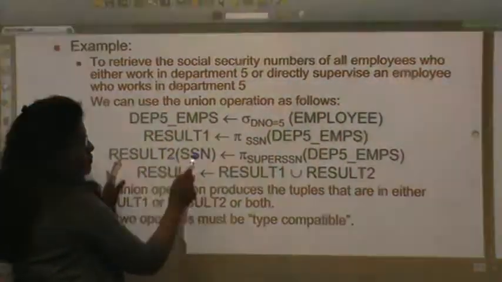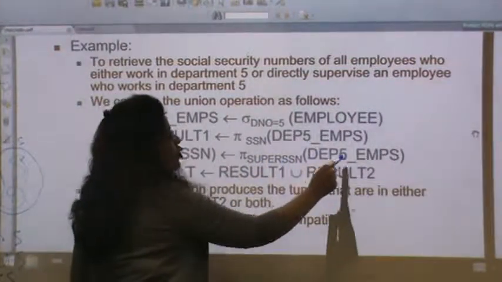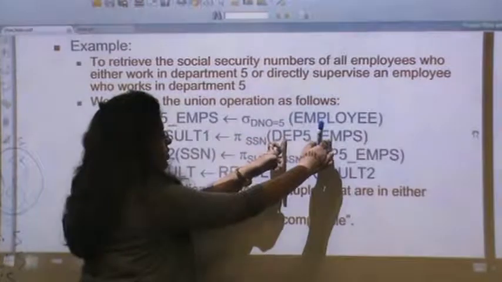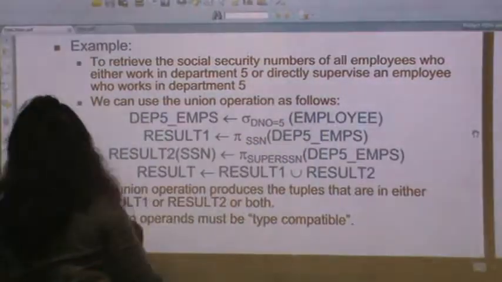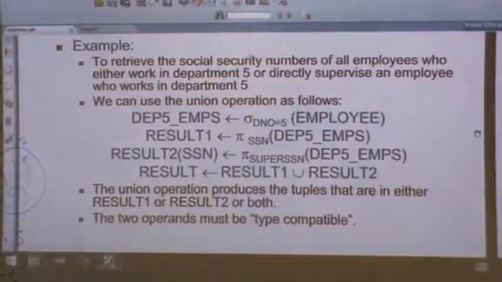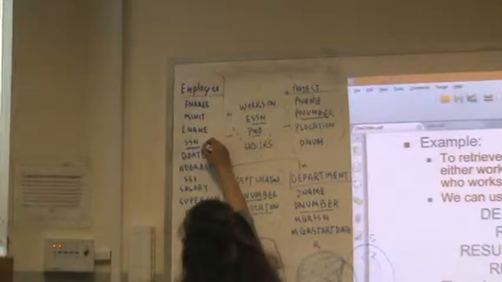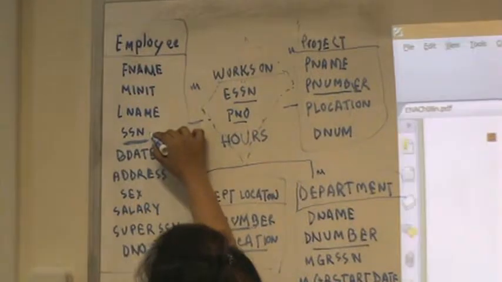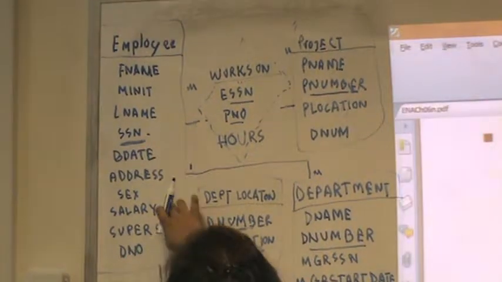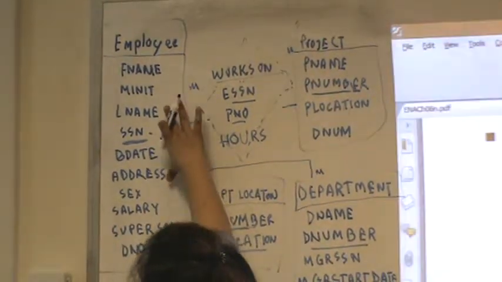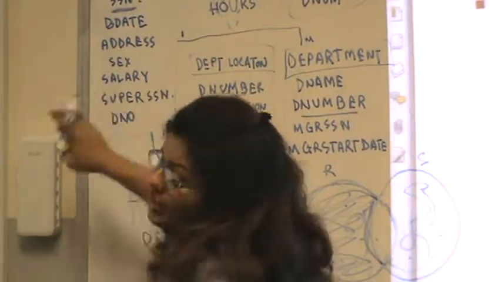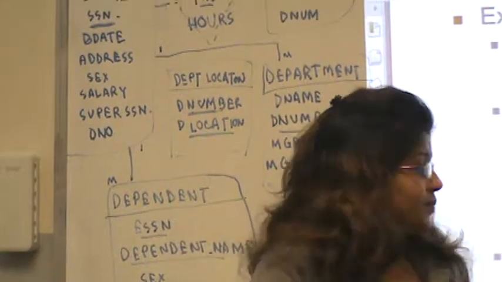And result 2, I'm taking the super SSN from the department of this result. From this result, I'm not taking only the SSN. You probably realize there are two attributes. One is called SSN and another is called super SSN. SSN is coming from itself, like its own primary key, and super SSN is only the manager's SSN.